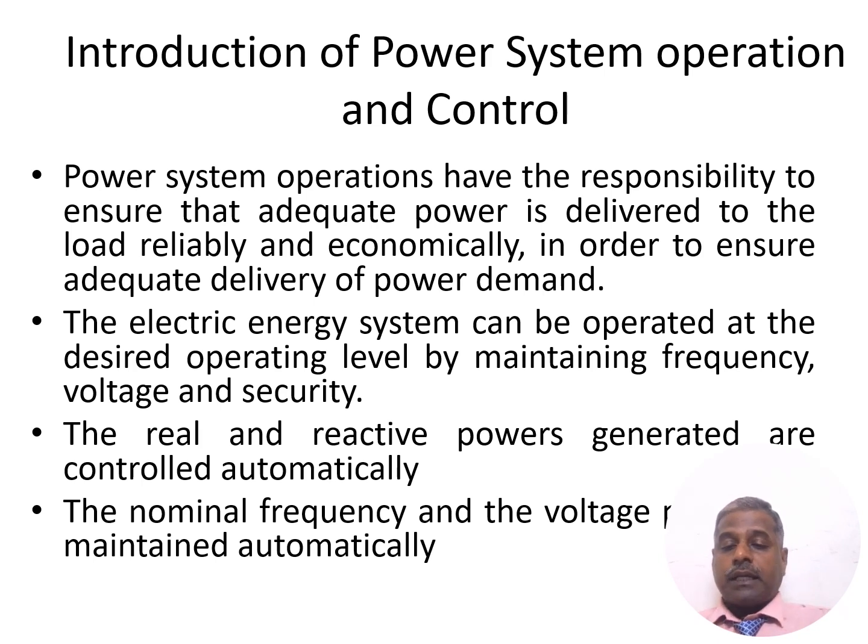After transmitting, the power is received at the distribution station. From the distribution station, the voltage is given to the various types of consumers. So we have 3 sections in the power system: the generation section, the transmission section and the distribution section.